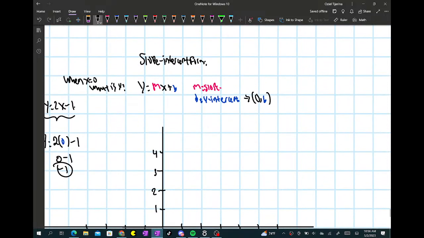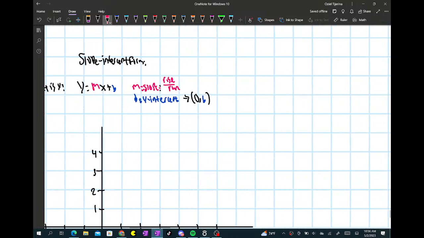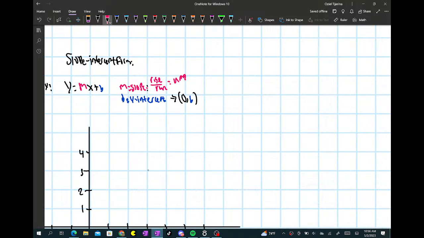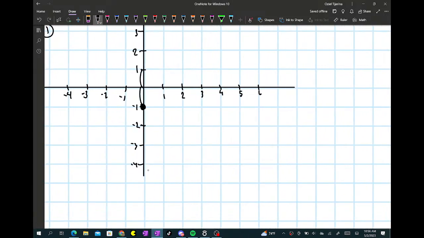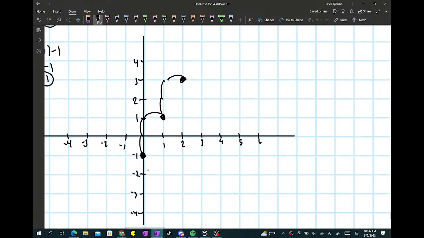And my slope is really rise over run, right? Since it's 2 here, I'm going to go up 2 and right 1. So basically I'm going to go 1, 2, 1, and keep going. 1, 2, 1, right? And that is how you would do that.